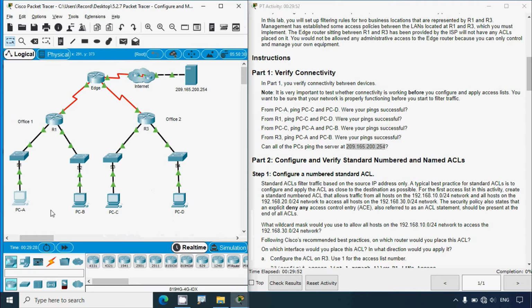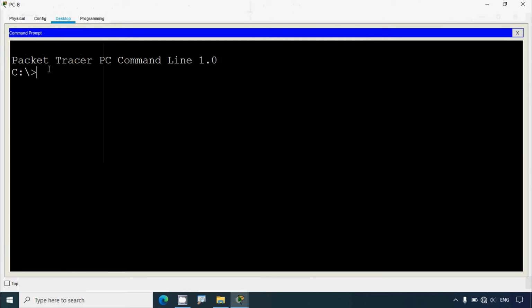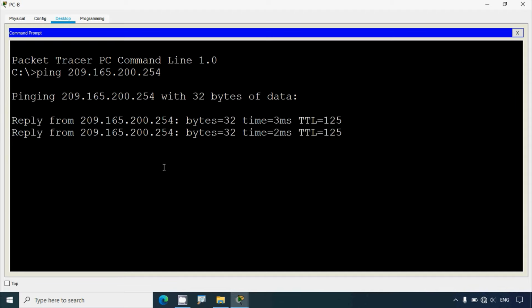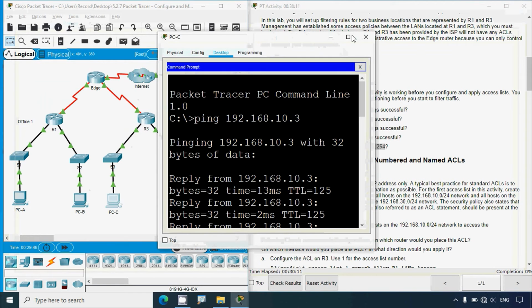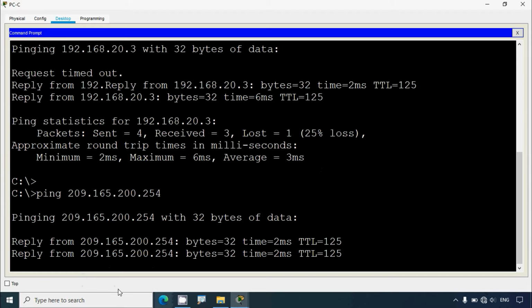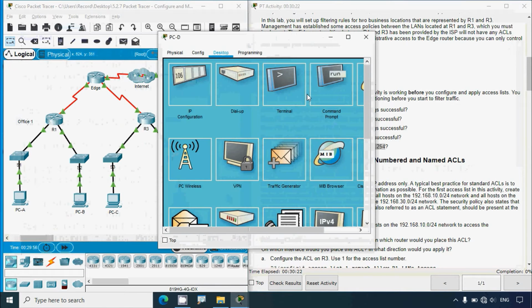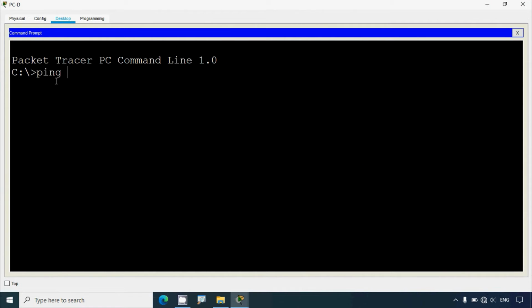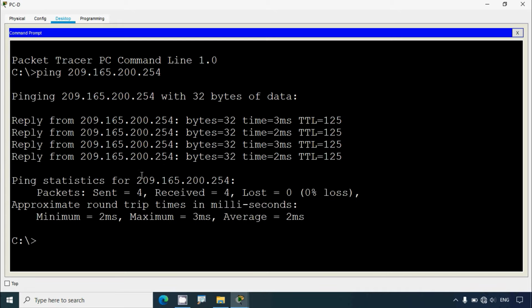We are pinging from all these PCs to this server. Ping to our server. Okay, we get the replies. We'll go to PC-C. Ping to the server. We get the replies. We'll go to PC-D. Ping to the server. Perfect.